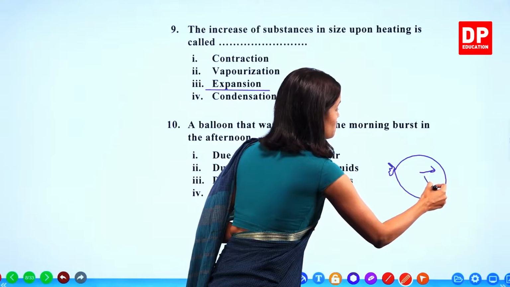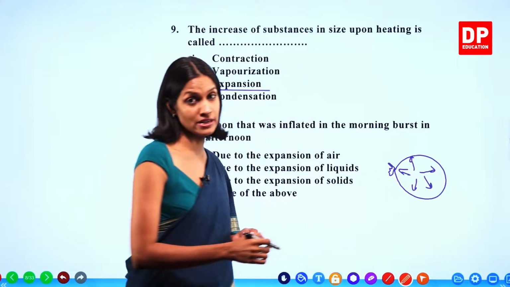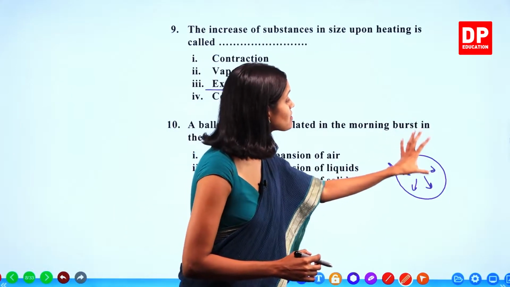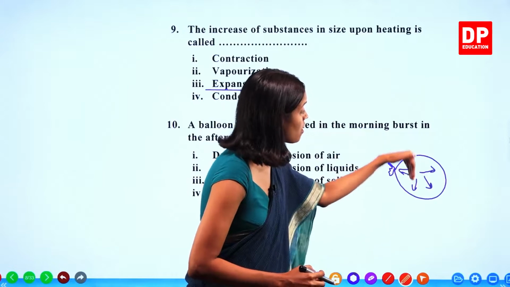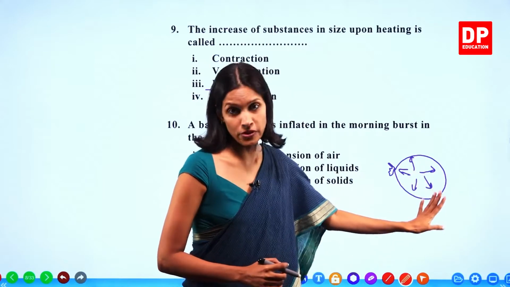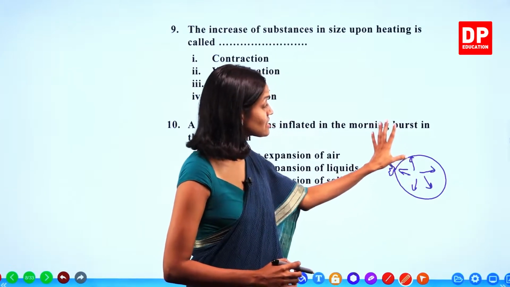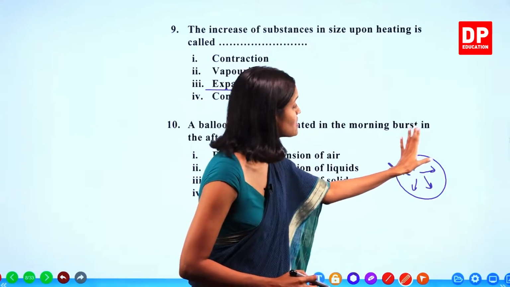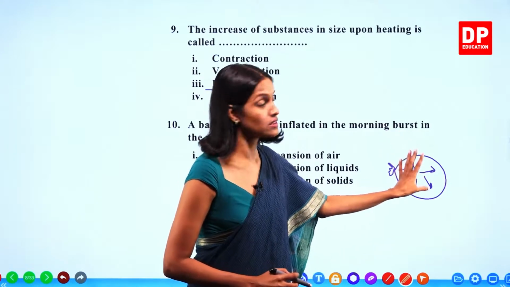So when they expand, here expansion of a gas means its volume increases. Because of the increased volume of this gas, it creates a pressure on the balloon membrane. Okay, children? So when this pressure increases, at one point this balloon membrane cannot tolerate this pressure, and it bursts.